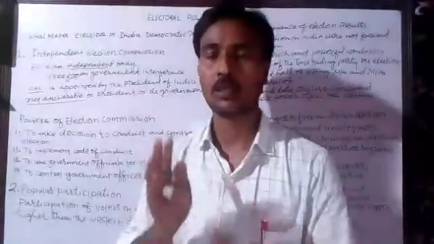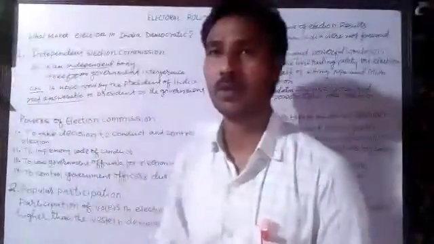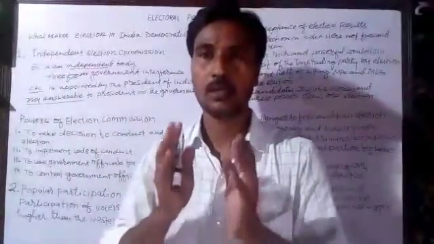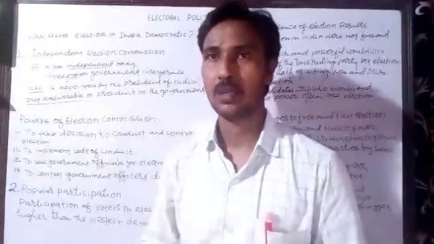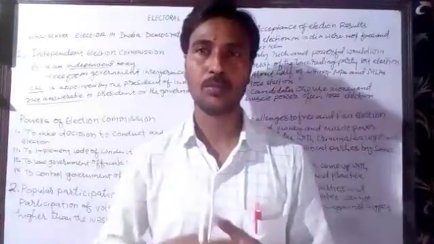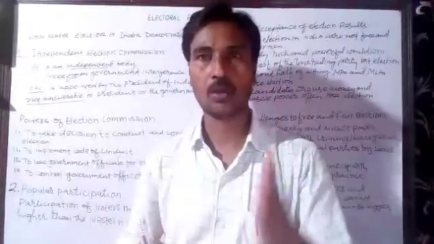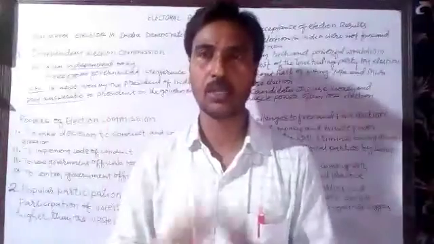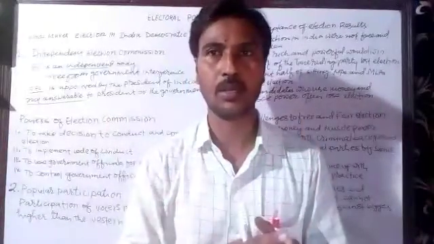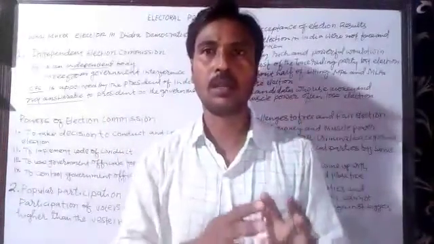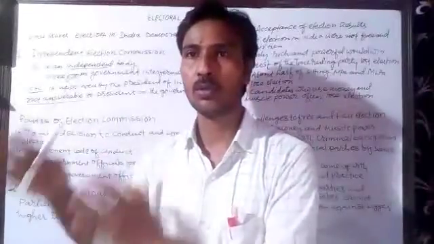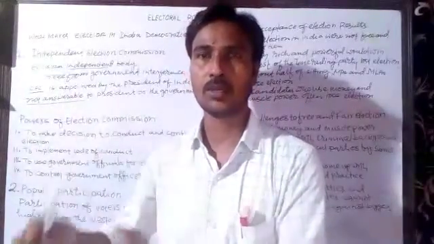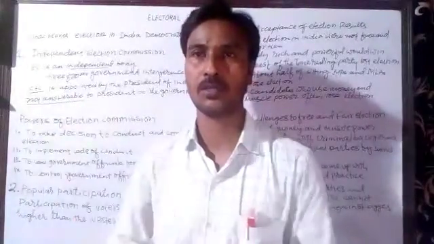EC or Election Commission is an independent body like the judiciary of India. We know that the judiciary of India is the third organ of the government, but the judiciary is totally independent from government control. Government cannot control the judiciary, its decisions, or its working.